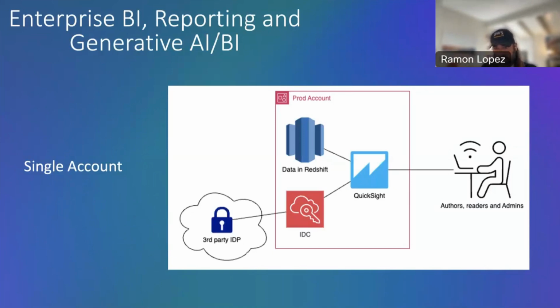In this example, we're going straight to QuickSight. We're using Identity Center to authenticate the users with your third-party IDP. And then your data is in Redshift. So we just query the data in Redshift as needed. This is a very simple scenario. This can support 10 users, 100 users, or 100,000 users all within one QuickSight account.